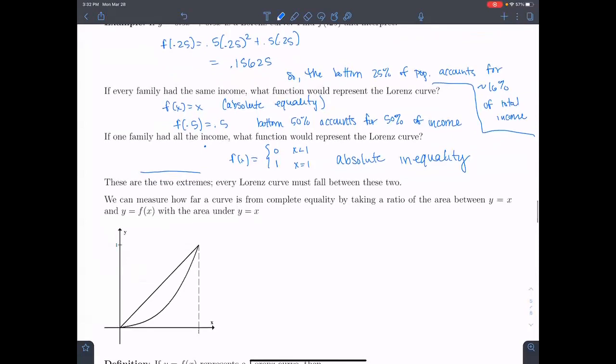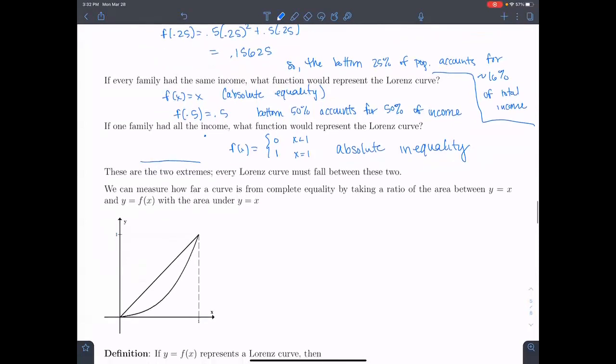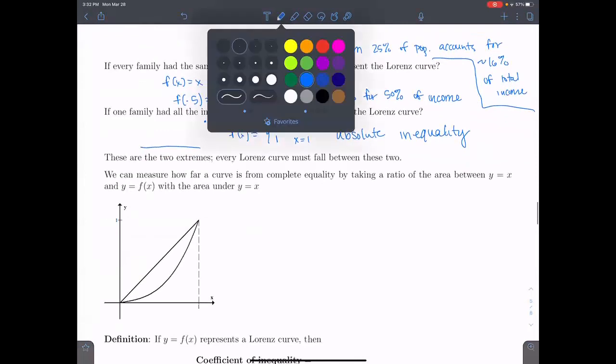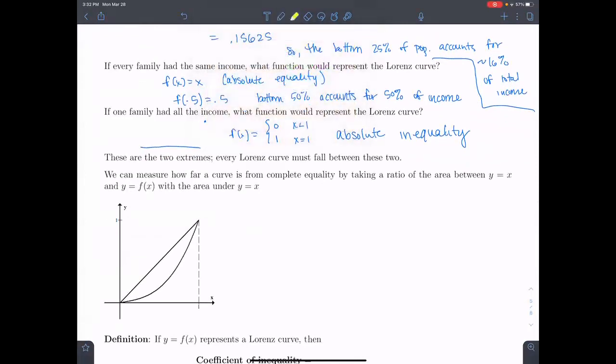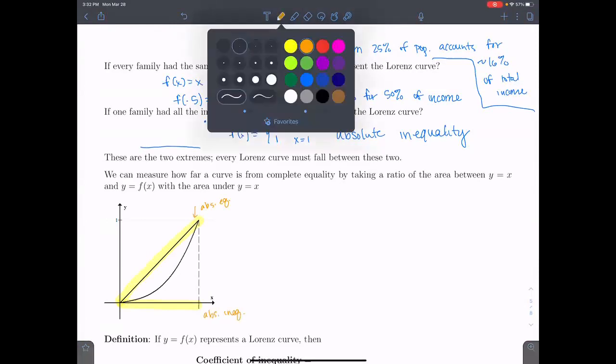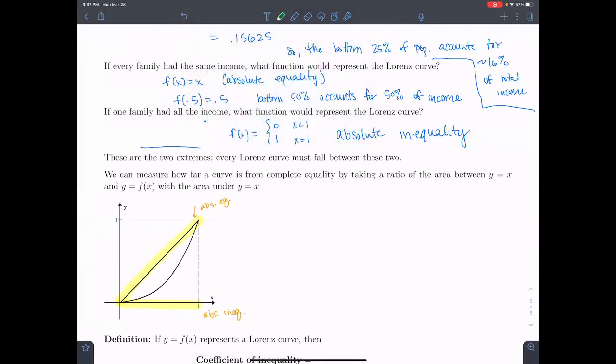Okay, so these are two extremes, and the idea is that everything falls between them. Those two extremes are, let me highlight this, down here, this is absolute inequality, and this is absolute equality. So a Lorenz curve is going to fall between them.